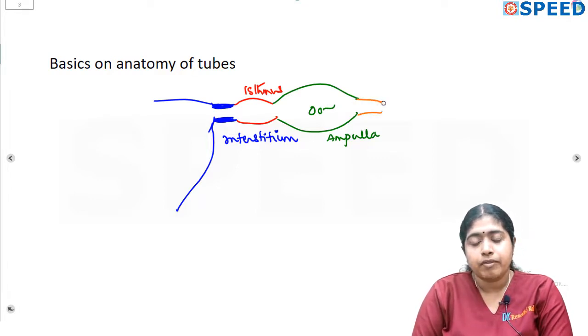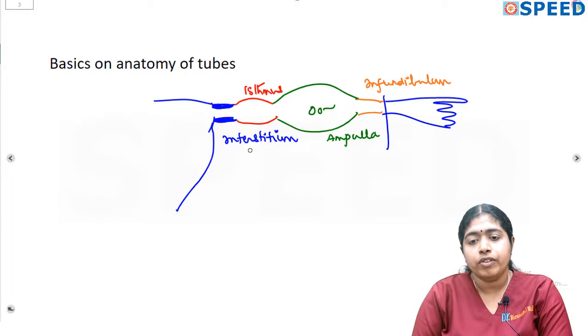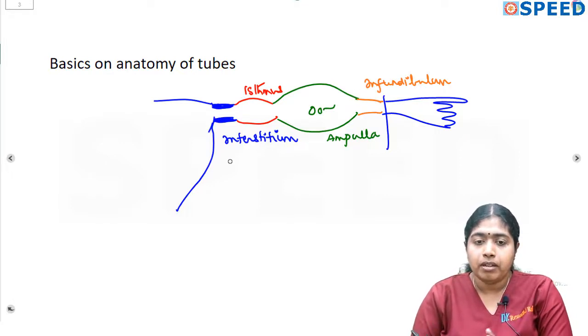So, now this part is infundibulum. Yes. Following that, you have the fimbrium. Is that okay? Okay. Now let's take from this point to this point. So we have four important parts of the tube from medial to lateral. We have interstitium. Interstitium is also called intramural part.